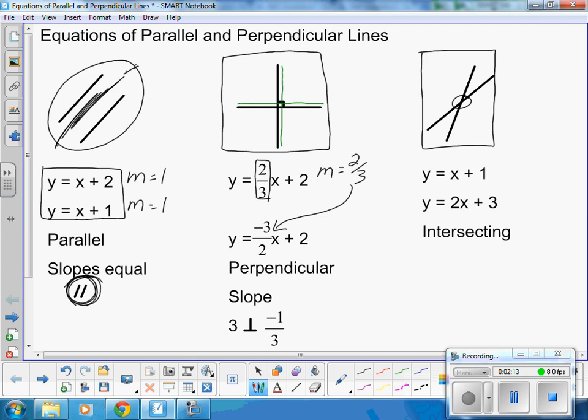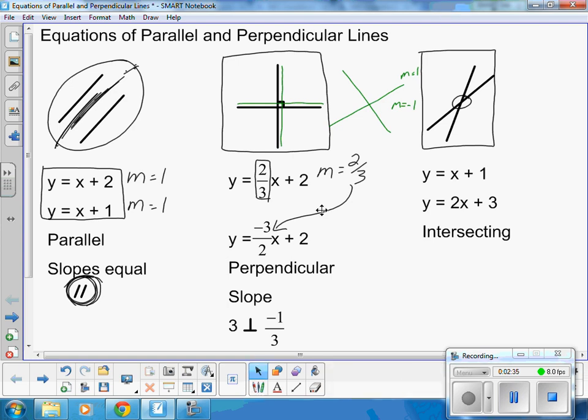If we had something like this, of a slope 1, and then another one that was perpendicular, meaning it would have a slope of the negative reciprocal, which would be negative 1. And our last example are just two lines that intersect.